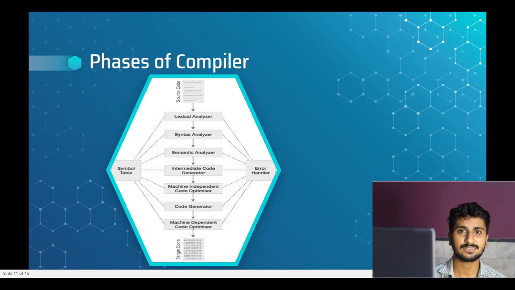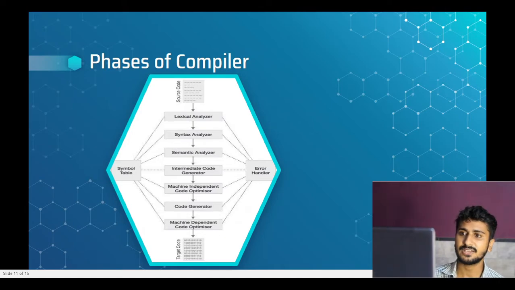So it will give us errors if not. The semantic analysis produces an annotated syntax tree as an output. So it gives us output of a tree, and either gives us errors or does not.